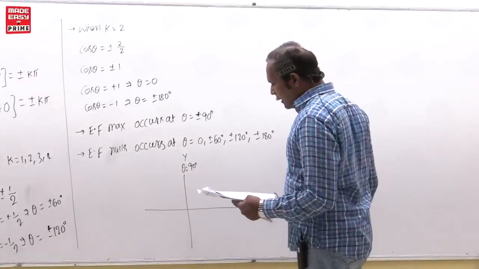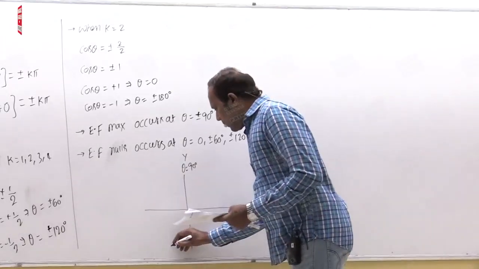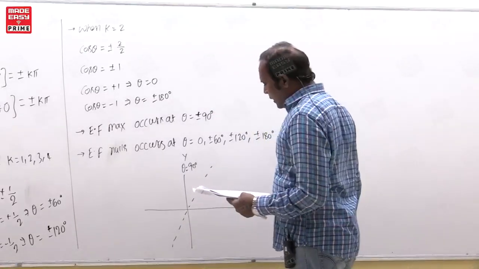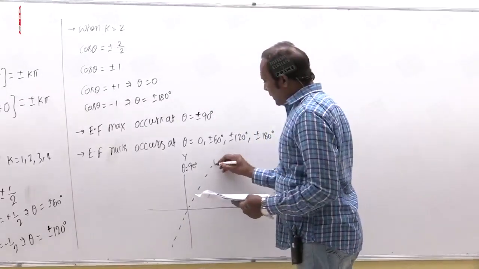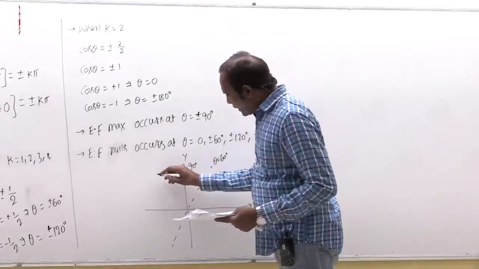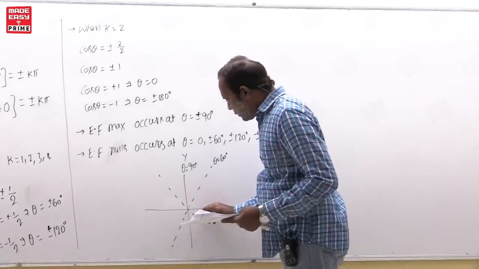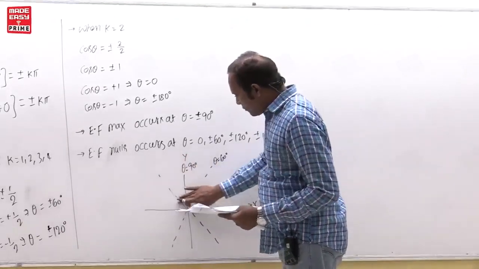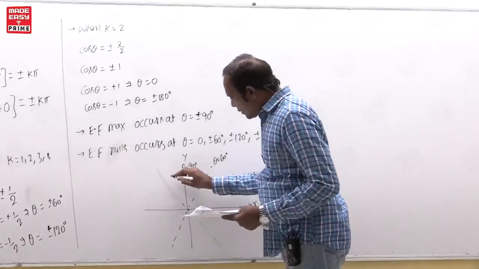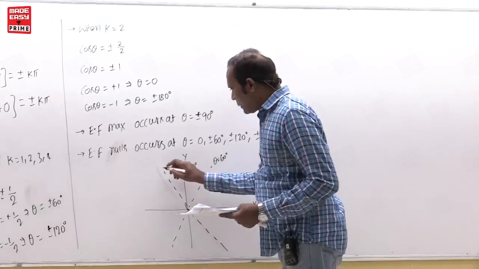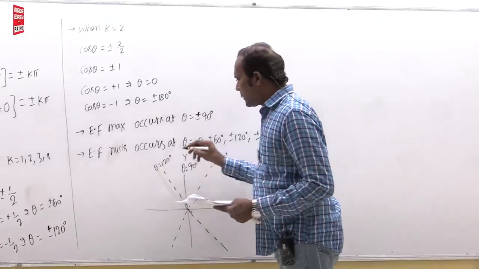So theta 0 here, theta 90 here, and theta 60 from here it is 60. Then theta is equal to 120, a little bit it has to tilt. Okay, no problem. Theta is equal to 120 is like this, students. Like this, theta is equal to 120 degrees.